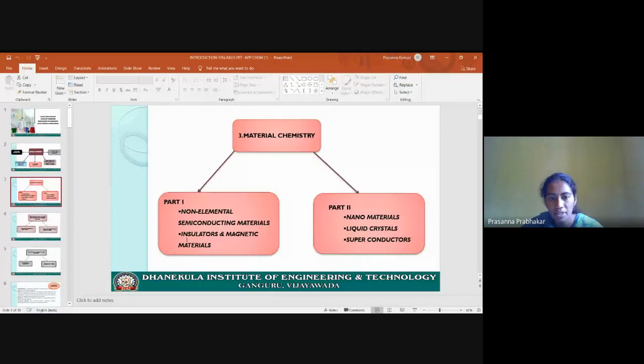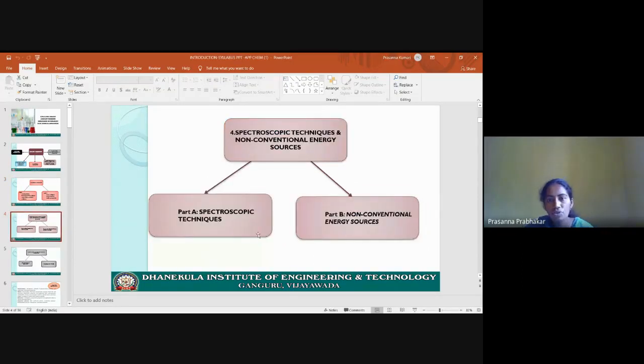Part 1 covers non-elemental semiconducting materials, insulators and magnetic materials. Part 2 covers nanomaterials, liquid crystals and superconductors. This is our third unit.